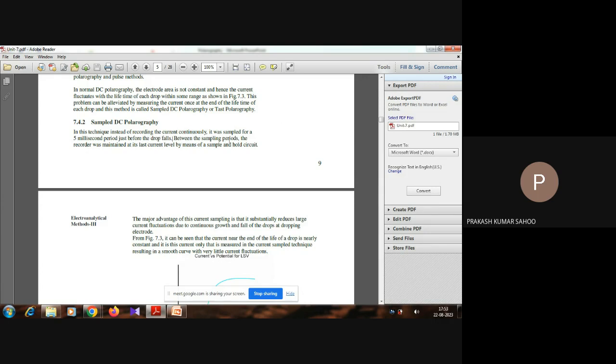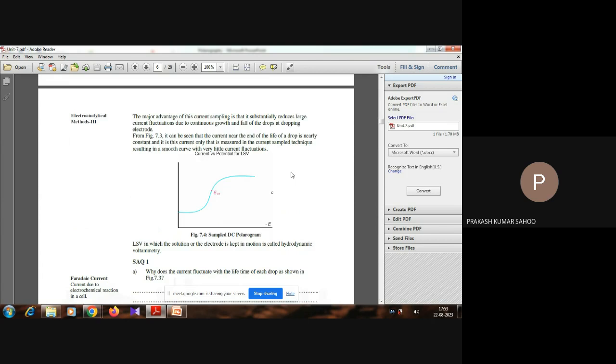Before the sampling period, the recorder was maintained at its last current level by means of a sample and hold circuit, and this is the LSV, the linear sweep voltammetry. The major advantage of current sampling is that it substantially reduces large current fluctuations due to continuous growth and fall of the drop at the dropping electrode.